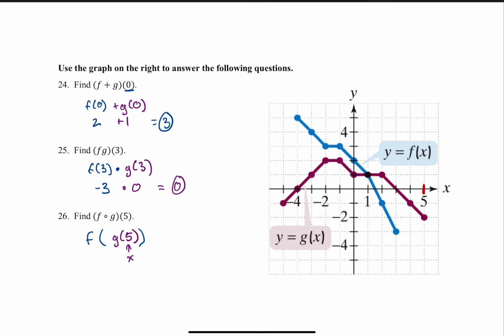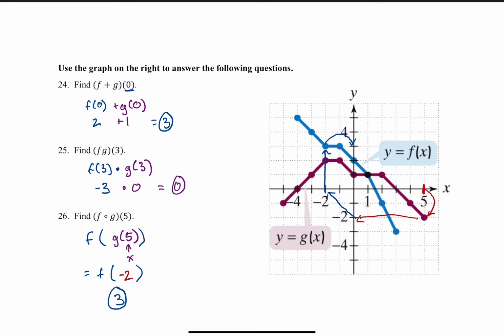For that 5, I find g, which is right there, and I look at the y value. So I replace g of 5 with minus 2. This is basically a new problem now, where we go back up to negative 2, look at the graph of f, and look at whatever the y value is. So our answer here is just 3.